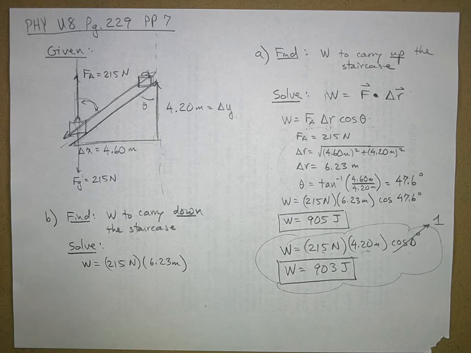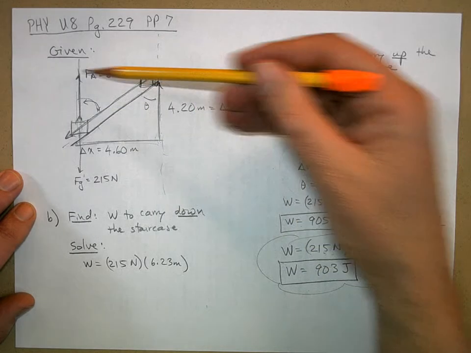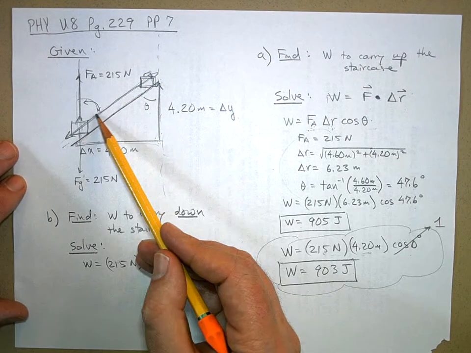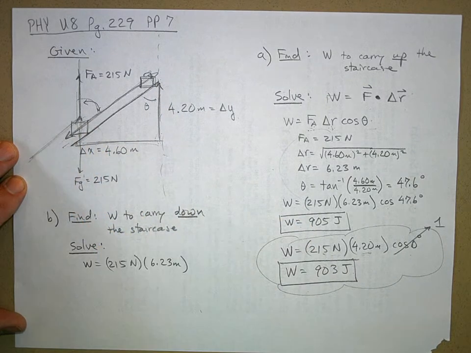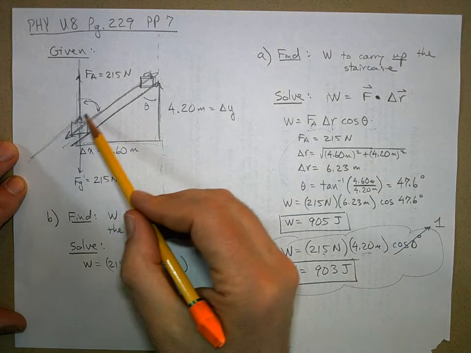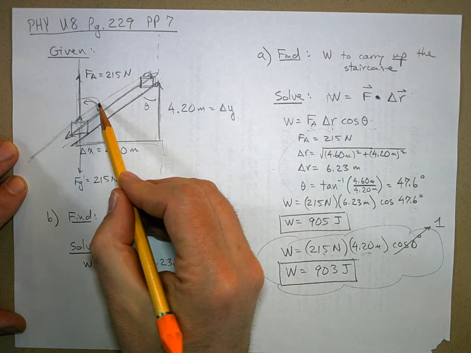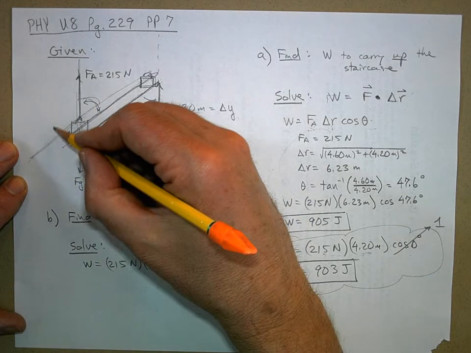But now what's the angle between the force and the displacement? Look at this. Here's the force, but now the displacement is like this. Basically all you have to do is take the 47.6 degrees and subtract it from 180 to get this angle.